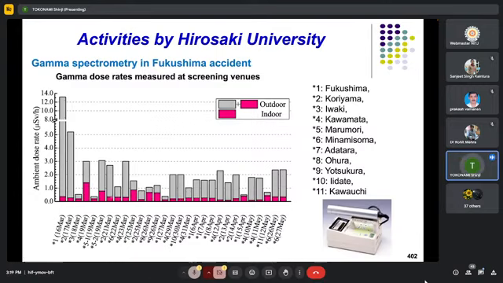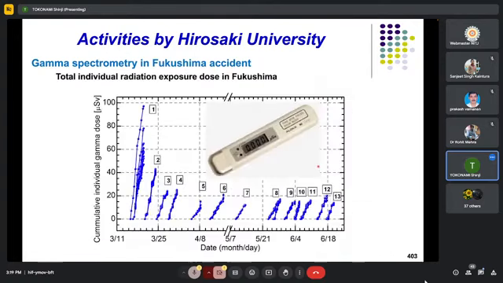Indoor dose is much smaller than outdoor dose rate. Also, we recorded our personal dose using this device, a digital dosimeter. The highest dose is approximately 100 microsievert. I received this dose. I was the highest.